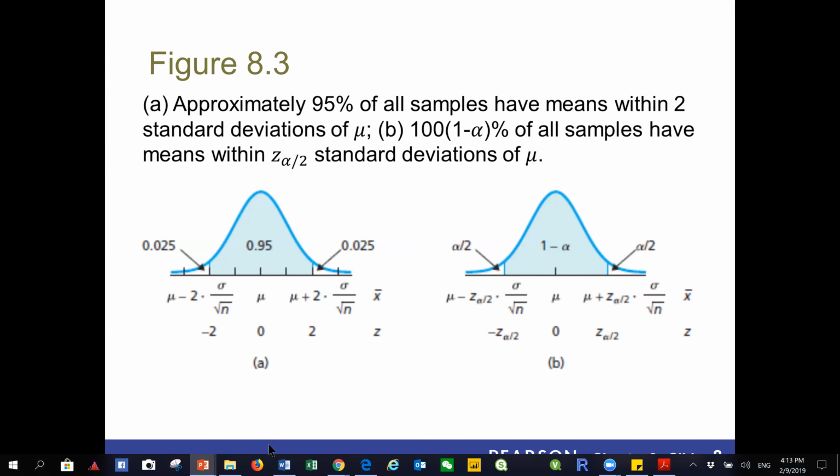You say the probability that Z is between -2 and 2 is equal to 95%.